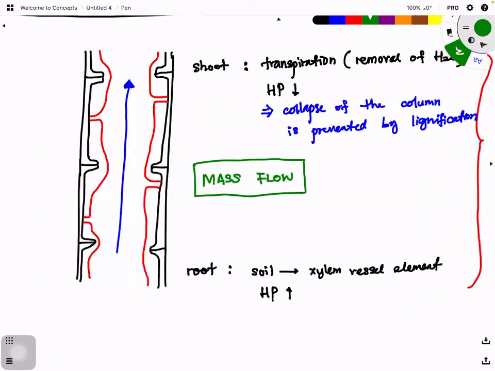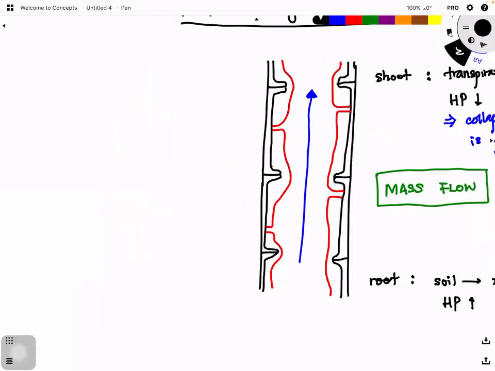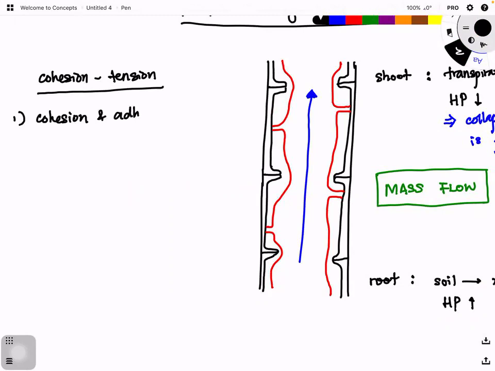Are you clear? It forms a continuous column against gravity, so we use the term cohesion-tension theory. What does cohesion mean? The force that maintains the column is cohesion and adhesion.